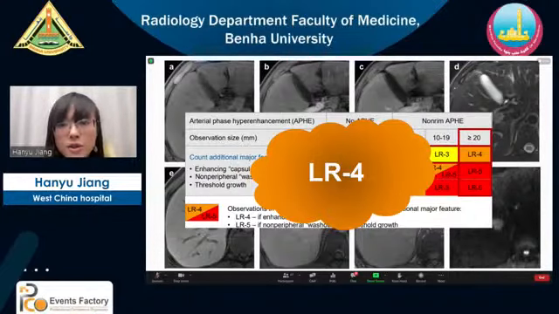Those ancillary features are unable to upgrade an observation from LR4 to LR5. So this nodule remains an LR4 observation. However, this nodule is histopathologically confirmed as an HCC.